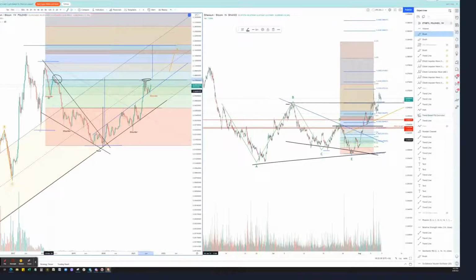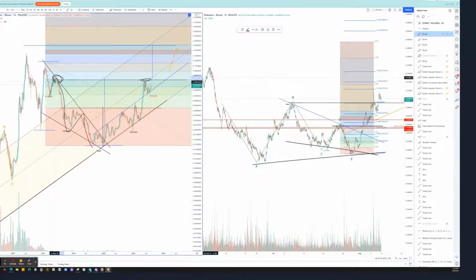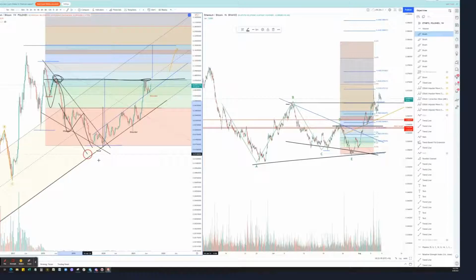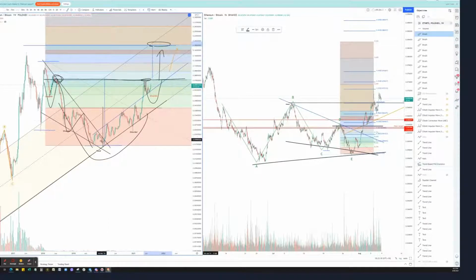So we had our A, B, C, D, E, and usually it goes to where B is, and we hit that target perfectly. Now, can we use this level, left shoulder, massive head, and potentially right shoulder, and then break up? Based on this structure, that's our target.